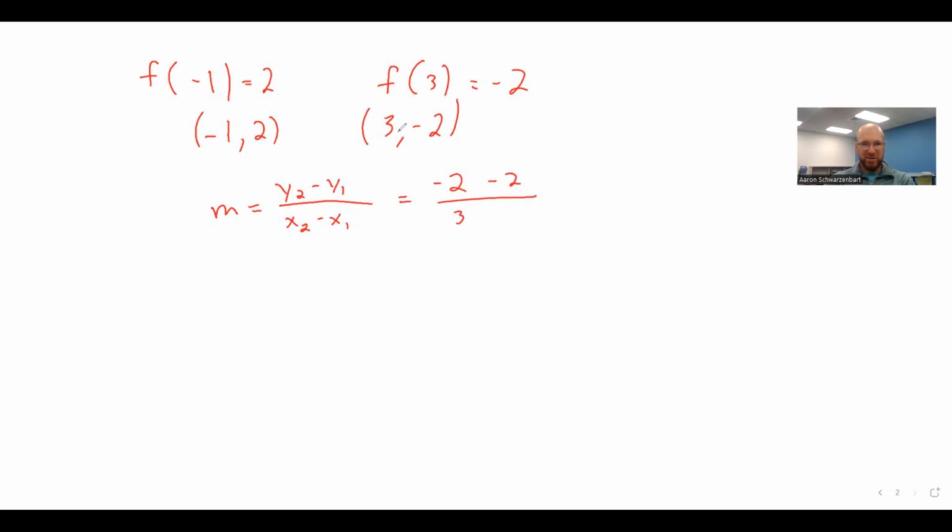So the -2 here and the 3 must go on top of each other. The +2 and the -1, I write minus negative, and then I change them both to a plus. -2 minus 2 is -4 over 4.